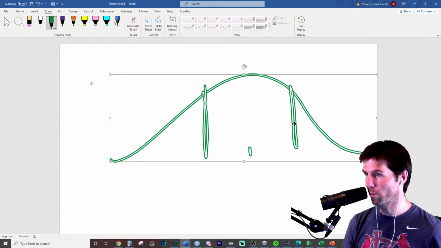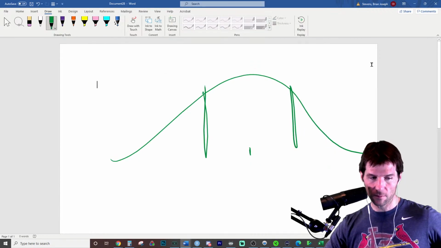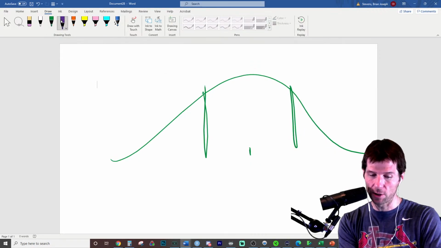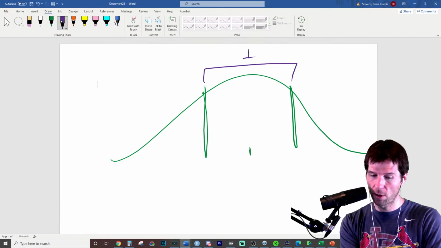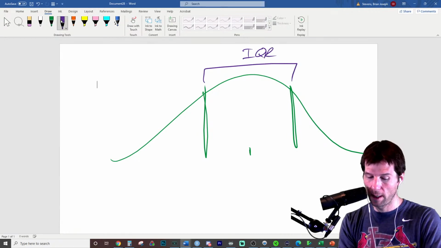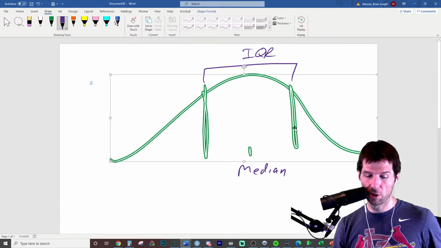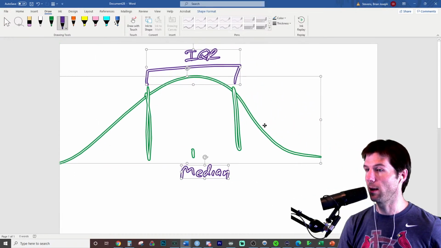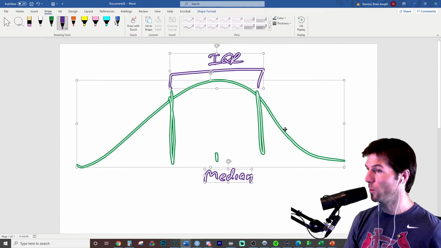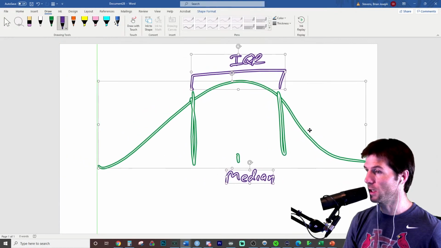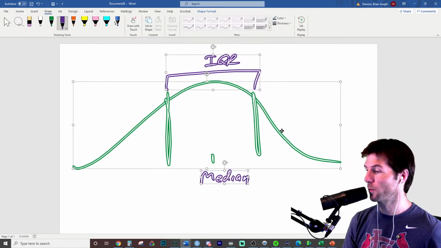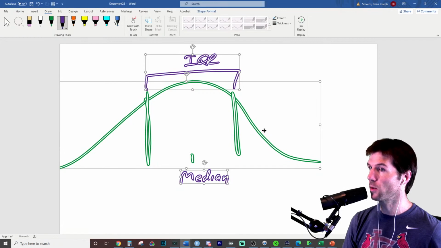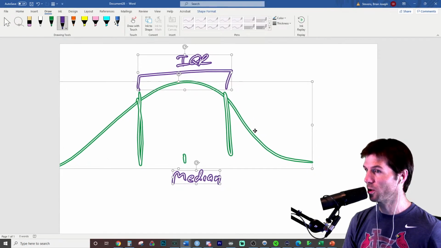This drawing helps show it, because here is the IQR, and the median is where the center of the distribution is. You can see here's our distribution, and here's us speeding it up. It is taking less time, so what is changing about the distribution?